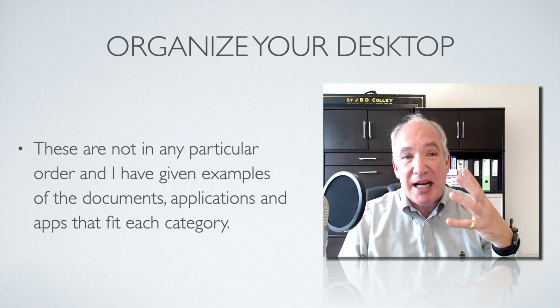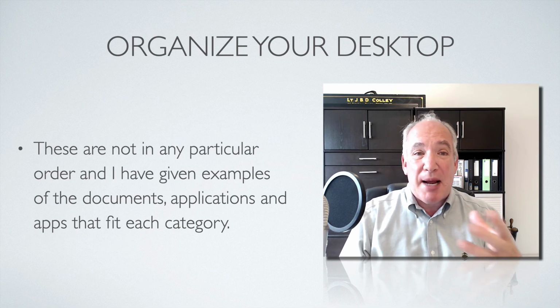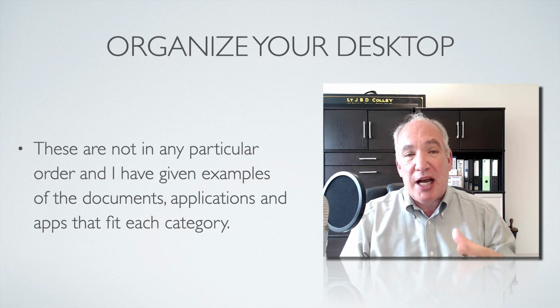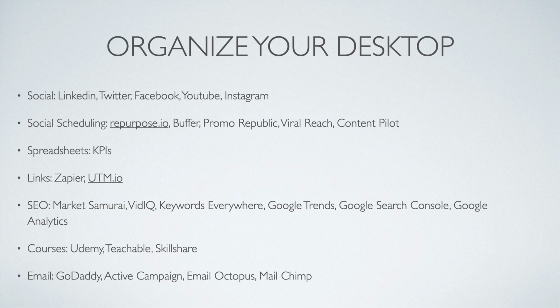Now, these are not in any particular order, and I have provided you with examples of the documents, applications and apps that fit each category, so you can see exactly where I'm coming from. So for social, I've got LinkedIn, Twitter, Facebook, YouTube, Instagram. For social scheduling, I've got Repurpose.io, Buffer, Promo Republic, Viral Reach, Content Pilot. These are all applications I use.